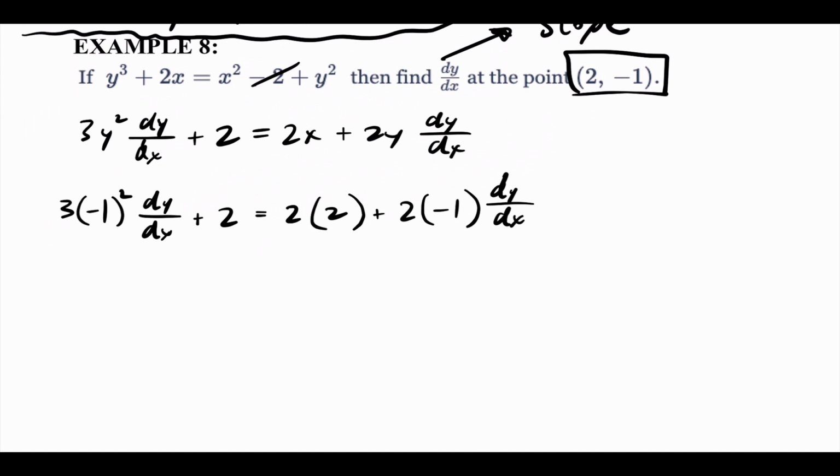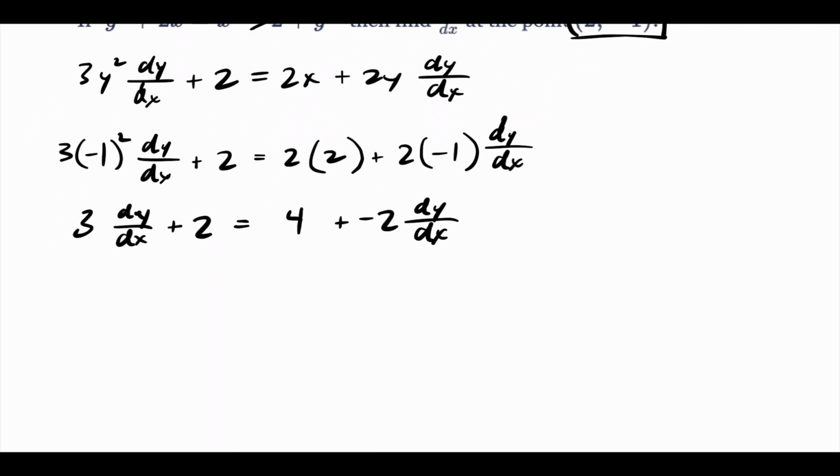Exponents first. So I get 3 dy dx plus 2. Multiplication next. Now you can isolate the dy dx's.